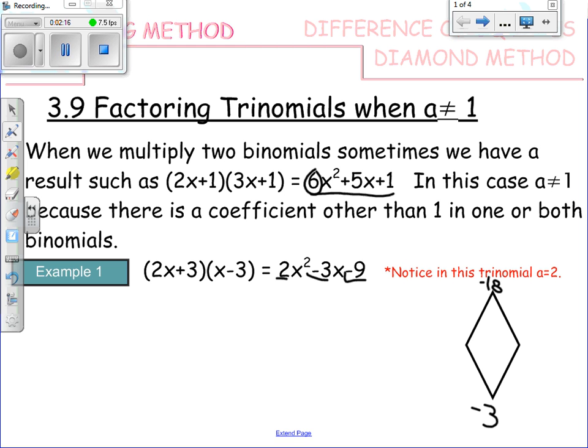Now, how do you get these side values again? What multiplies to be -18 and what adds to be -3? Jocelyn, what do you think? Multiplies to be -18, adds to be -3.